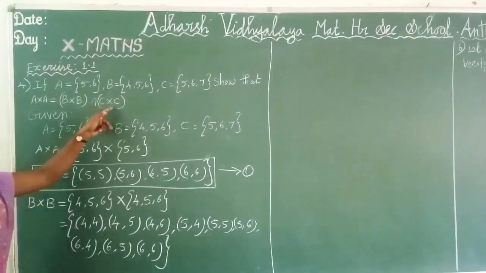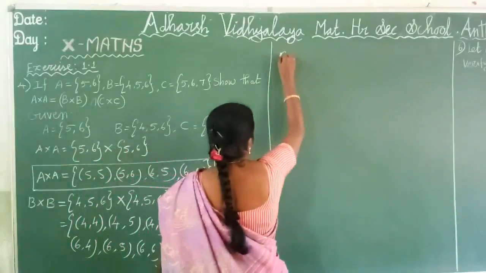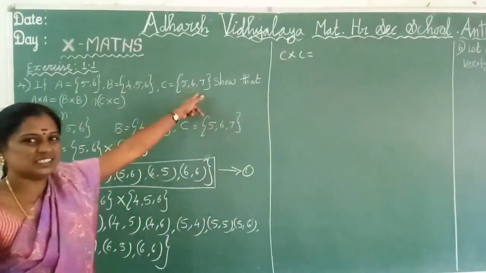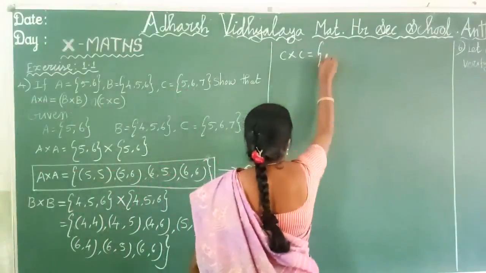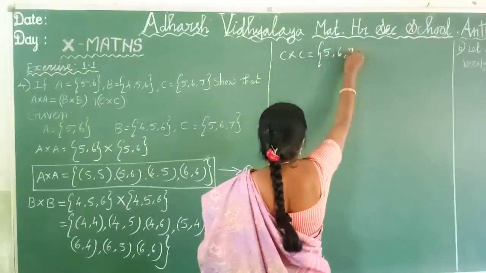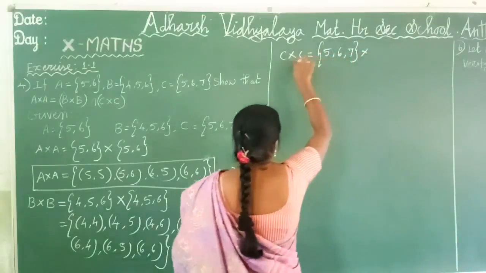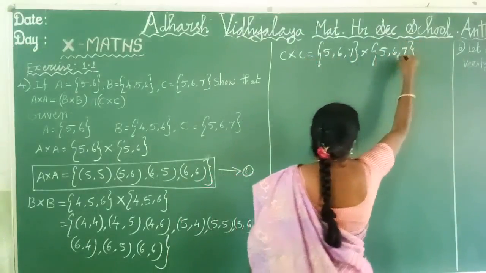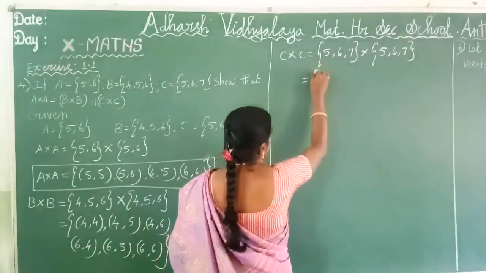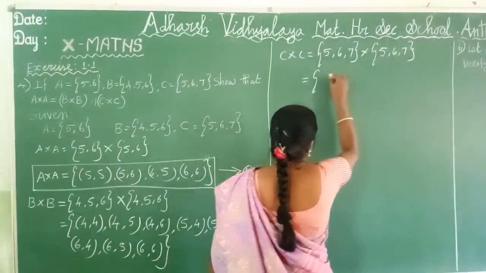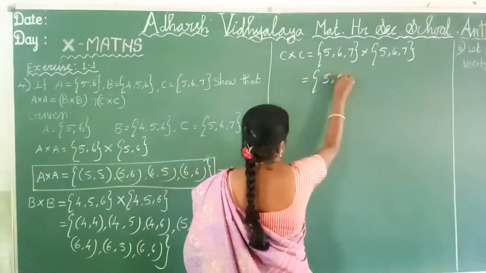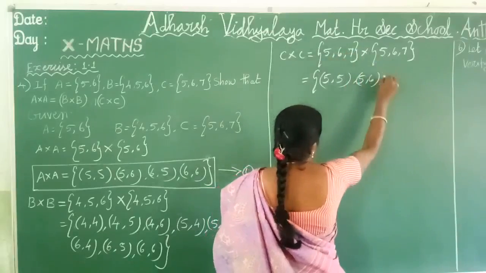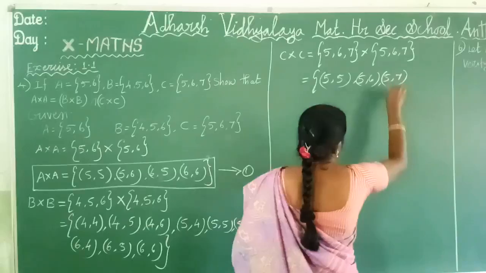Next you find C cross C. What is the C answer? {5, 6, 7} cross again C. Take the first element 5 with 5, 6, 7: (5, 5), (5, 6), (5, 7).